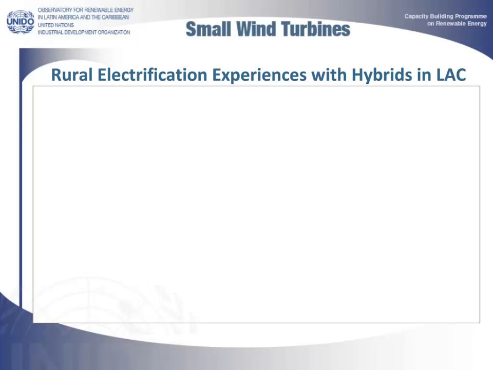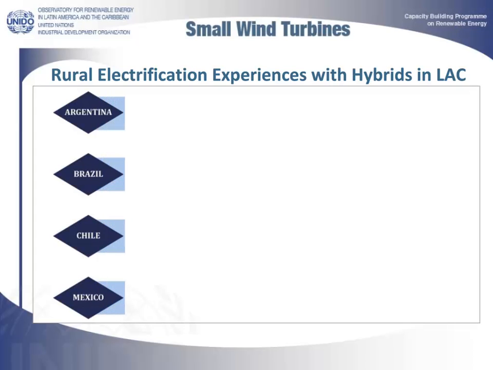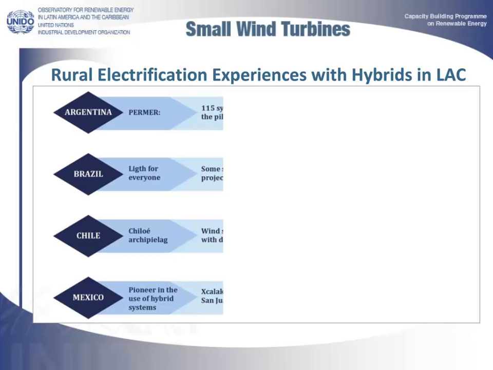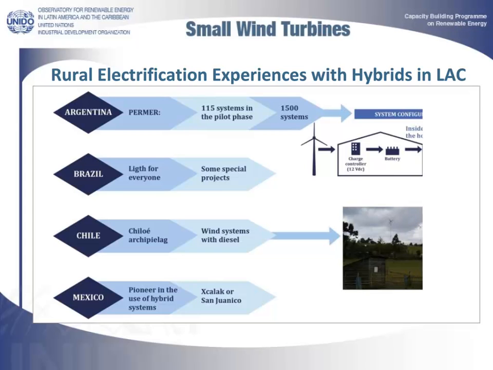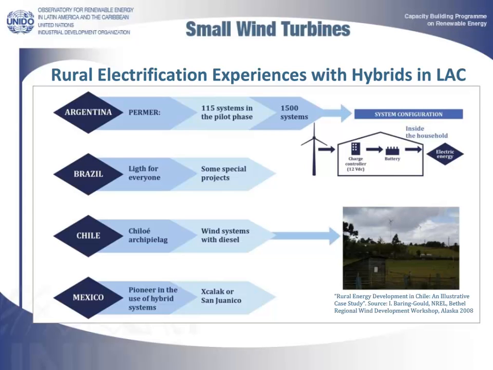The presentation was given by countries, highlighting the following projects. First, Argentina. This is surely the most active country in the area regarding this technology. Chile. This includes the study of systems of generation with wind and diesel for 10 islands in the archipelago of Chiloé.